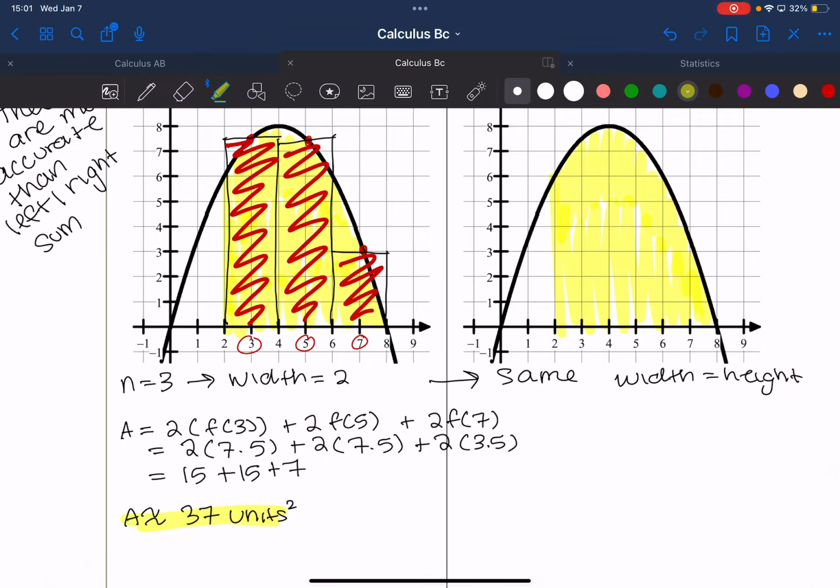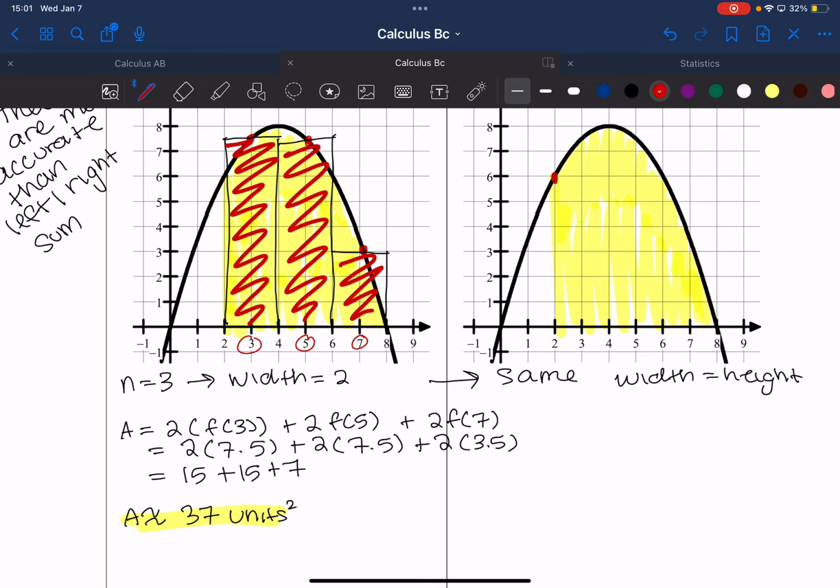Okay, so for this next one, again, it wants 3 sub-intervals, so we're going to create 3 trapezoids. So since we have a width, or in this case, height of 2, I'm going to start at 2, because that's in my interval, the very beginning. This is where it differs from the other ones. Okay, and I'm going to do my point at 2.